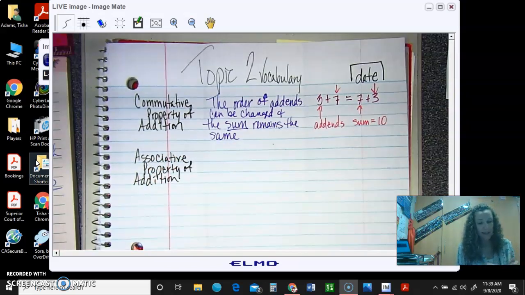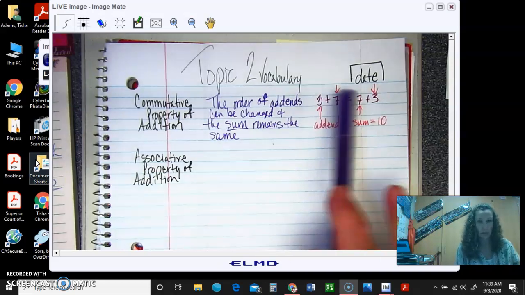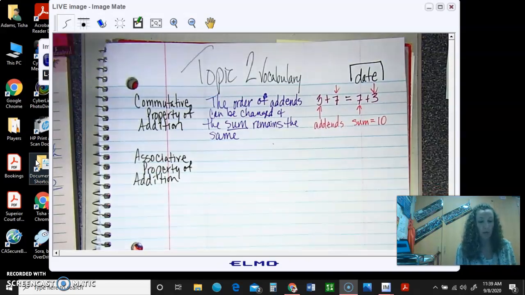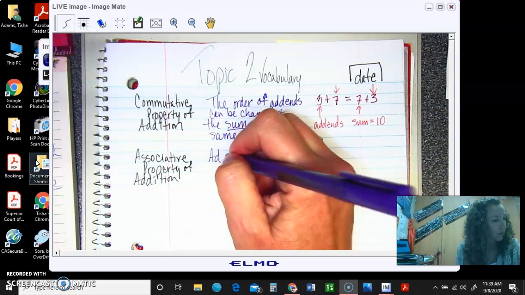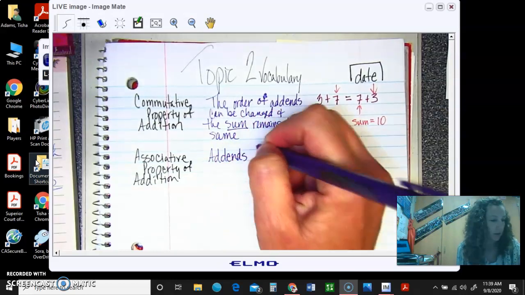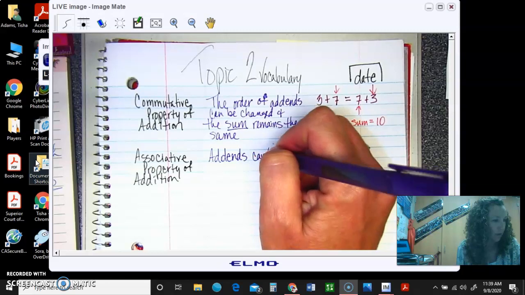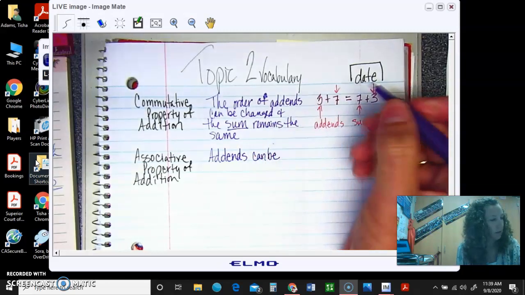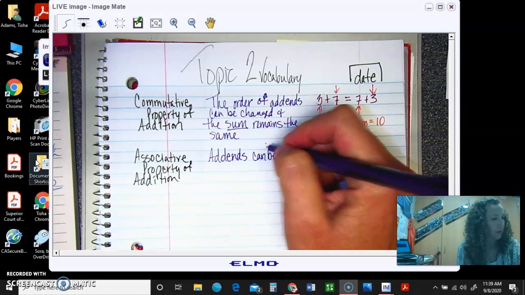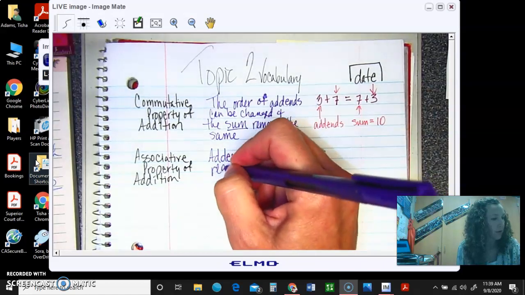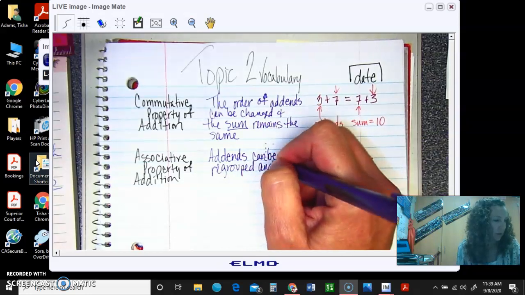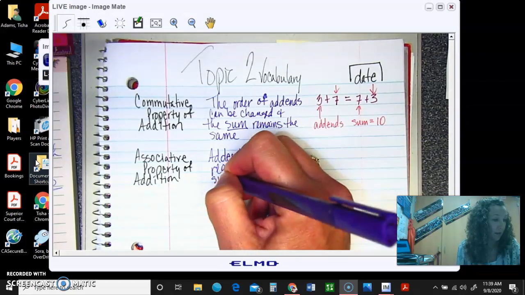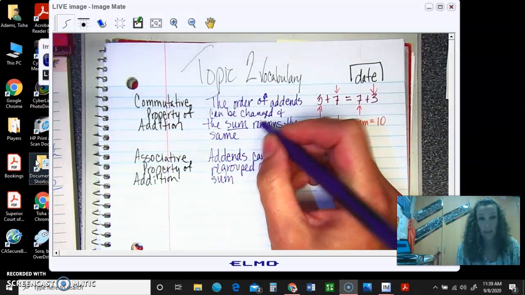And what that is: the addends, remember what the addends are, can be regrouped and the sum remains the same. Remember what the sum is. The addends can be, I don't think I can fit regrouped. There's a space here, guys. I made a mistake. Regrouped. And the sum remains the same.